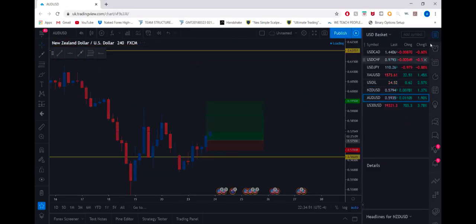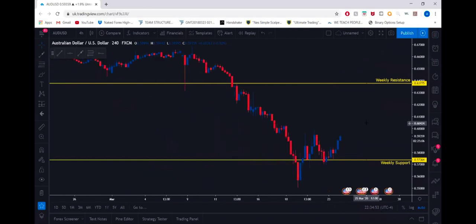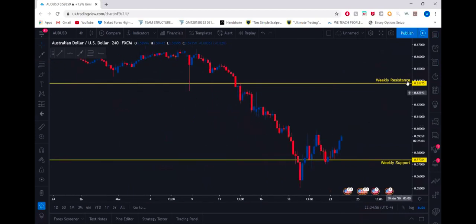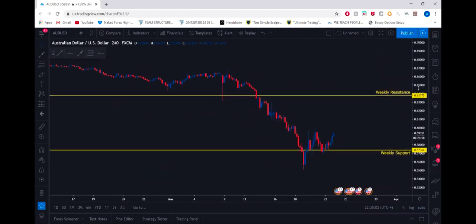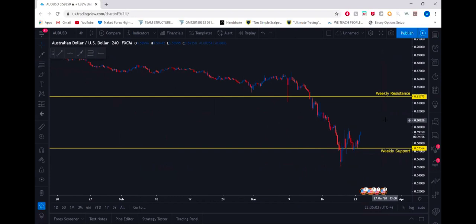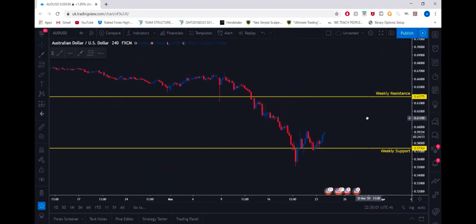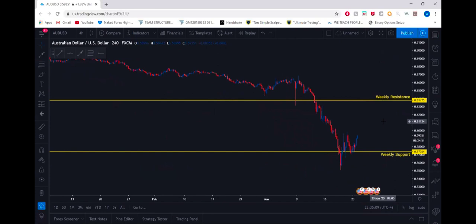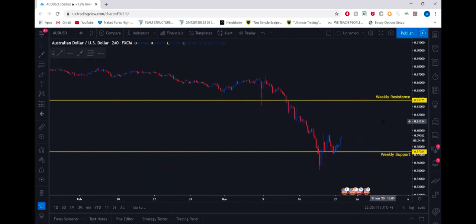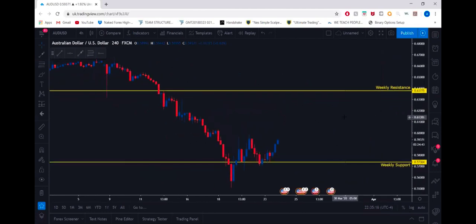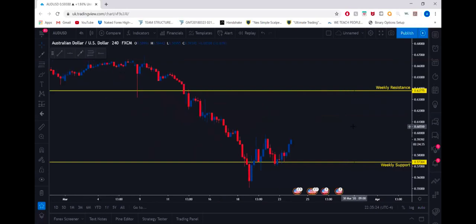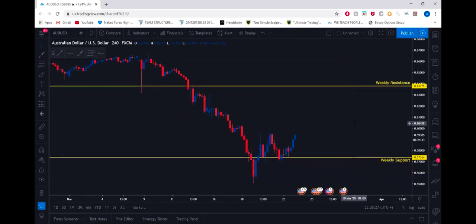What do we have? AUDUSD. Yeah, I figured it's gonna be similar price action as NZD, because across the pairs of AUD and NZD, the structure will look almost identical, certainly very similar to each other because they literally move the same, unless it's AUD NZD, one against each other.